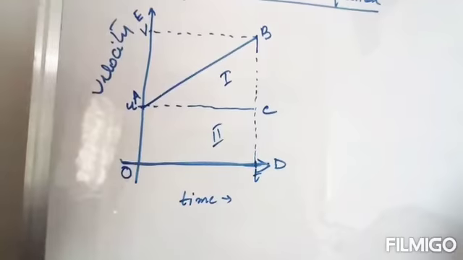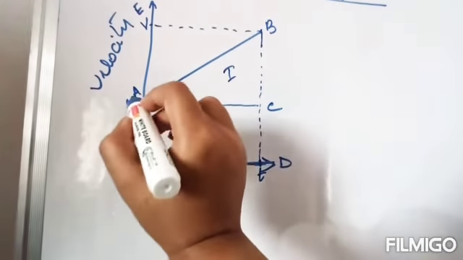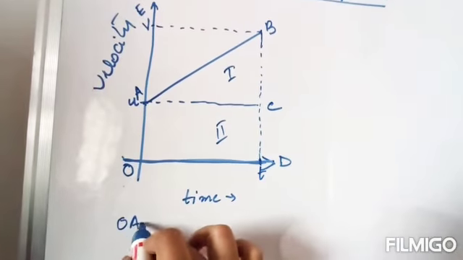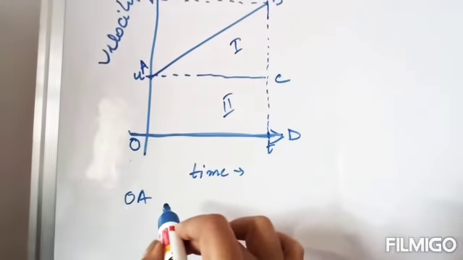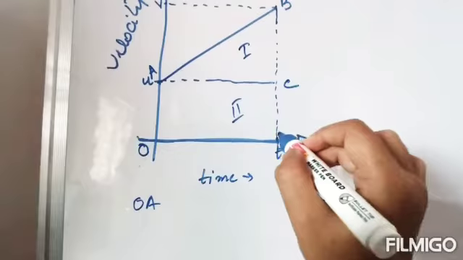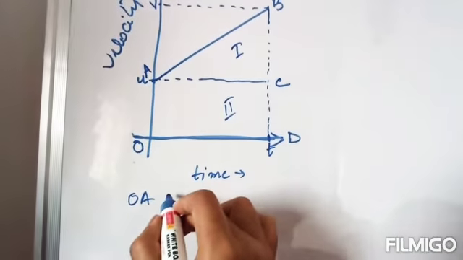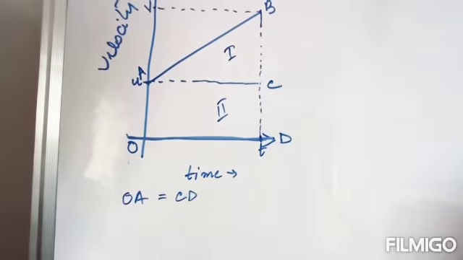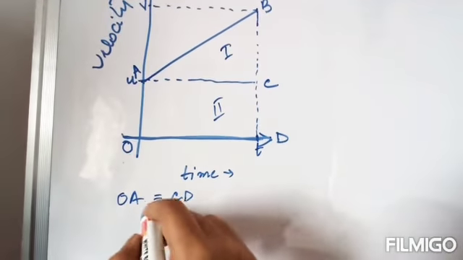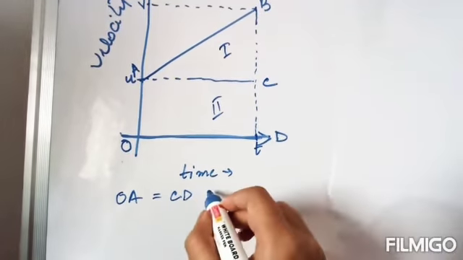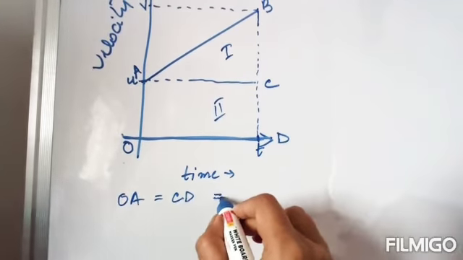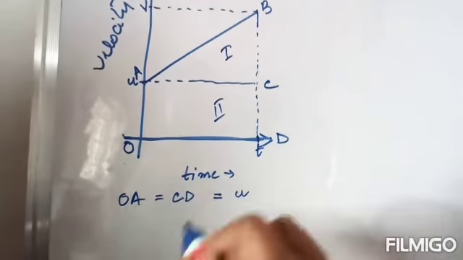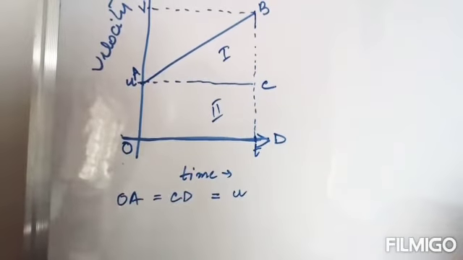Now, another thing you notice is that the distance OA and the distance CD will be equal, and it will be U. Correct?